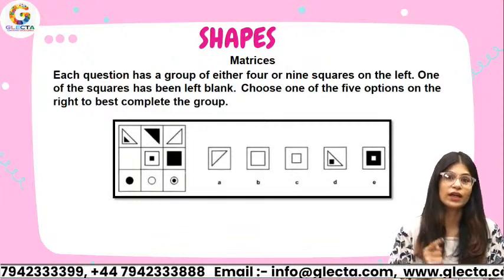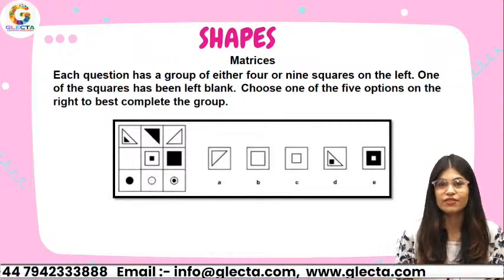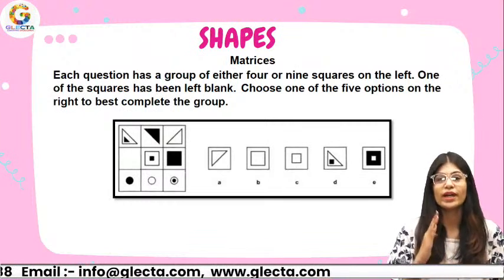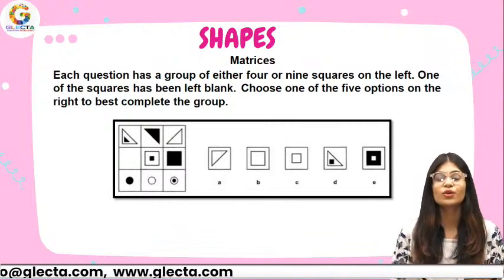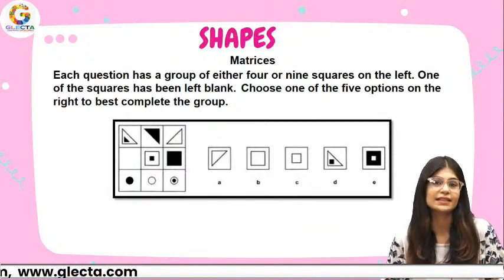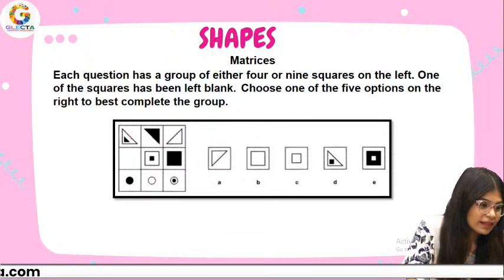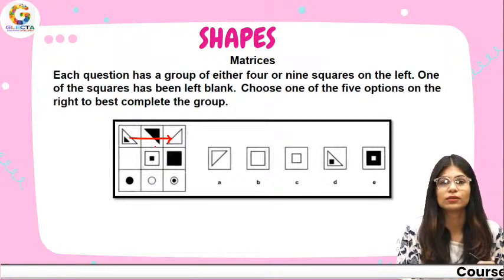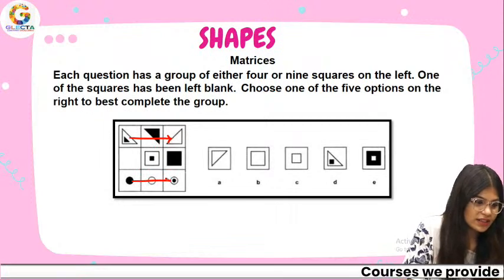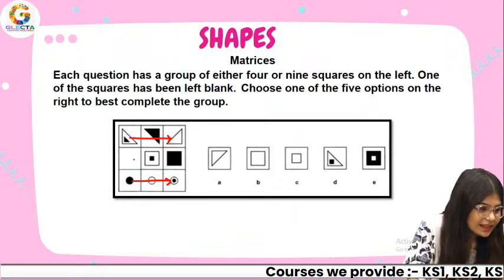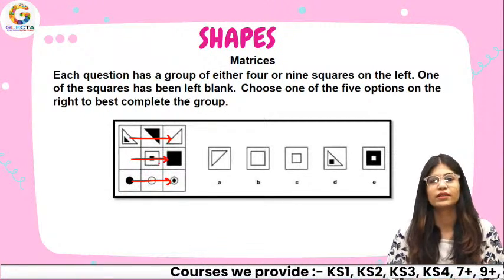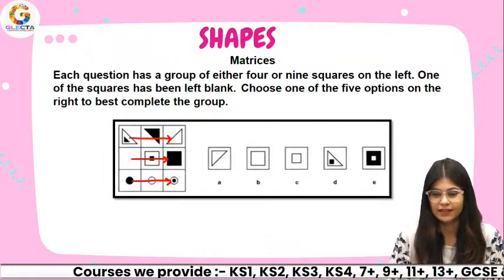For example, one suggestion that I can give you here is always do your question in the ways which have more commonalities. For example, the entire line is a triangle. Entire line is a circle, which means this entire line should be a square. But what kind?